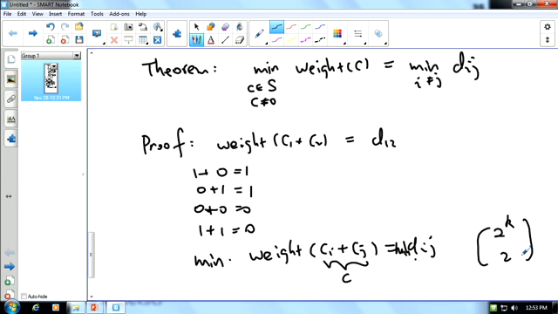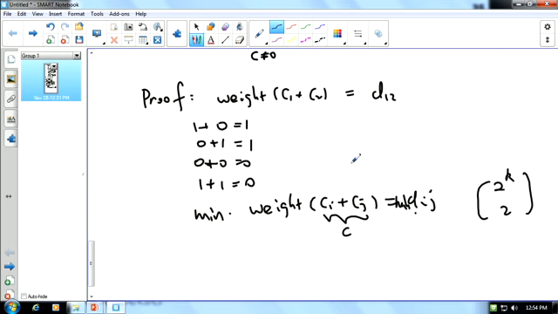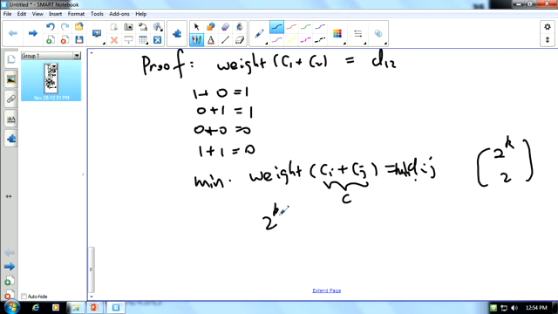We need to calculate this many distances. And on the left-hand side, we only need to calculate the weights of 2 to the power of k code words. So the computational complexity is much, much lower. Okay? So in that case, we just list all the code words and find the minimum weight of the non-zero code words. And that's it. Okay?